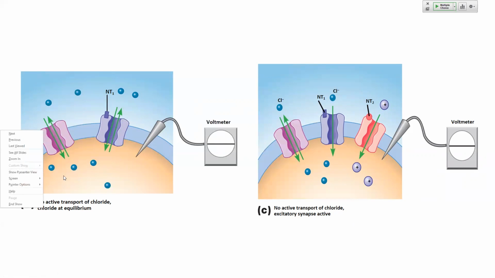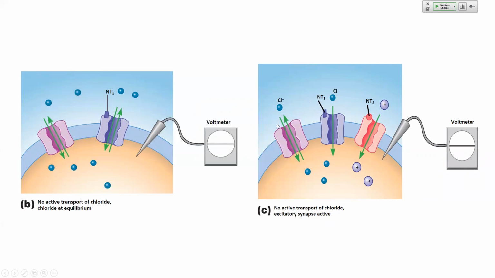Okay, there's no active transport. Now, if we had a different type of signal, if we had an excitatory synapse here, so neurotransmitter 2 is an excitatory synapse, neurotransmitter 1 is an inhibitory synapse. Chloride in this image, since there's no active transport here, will basically negate that excitatory stimulus. So I'll say that again.